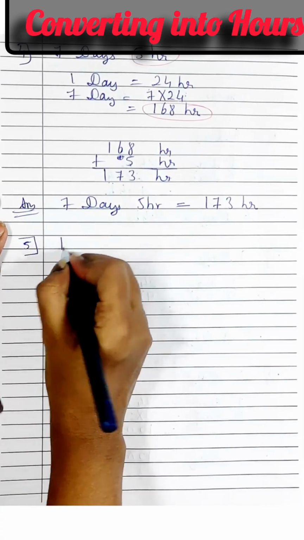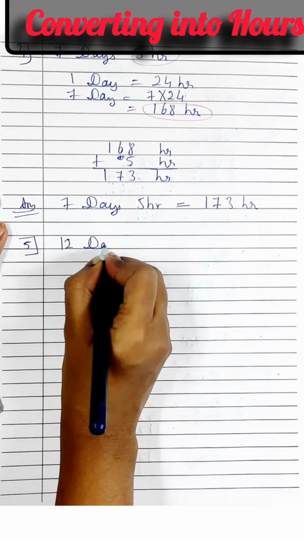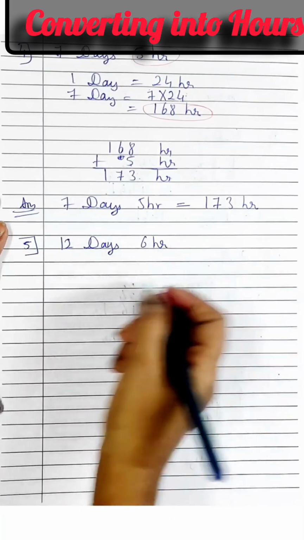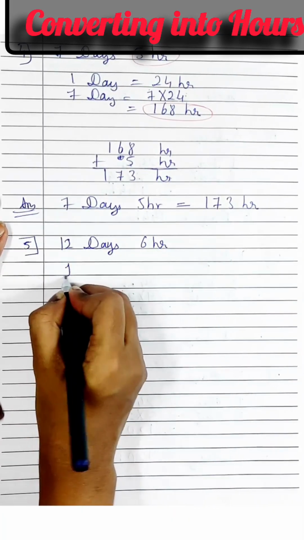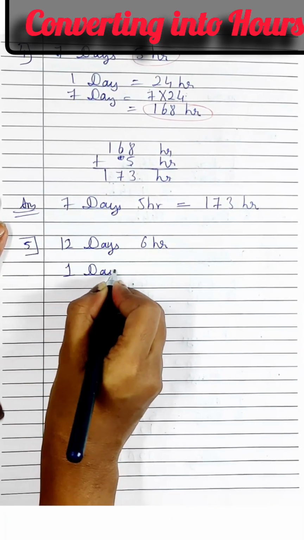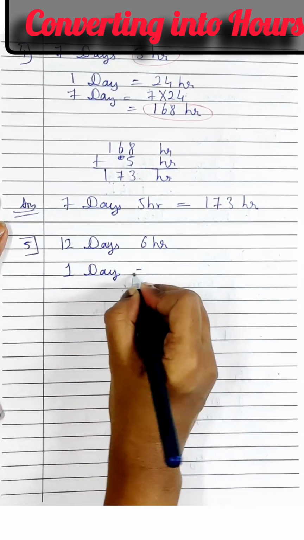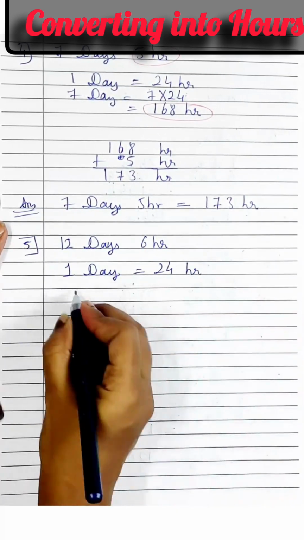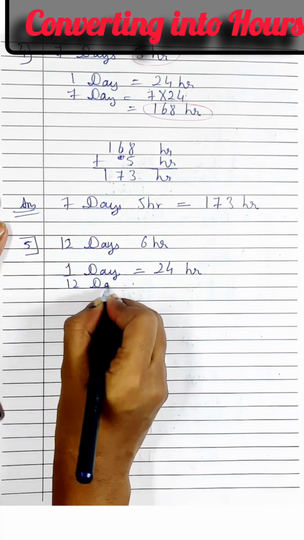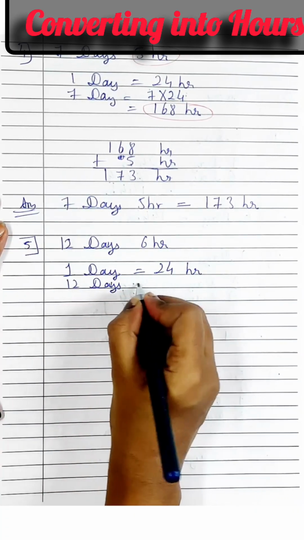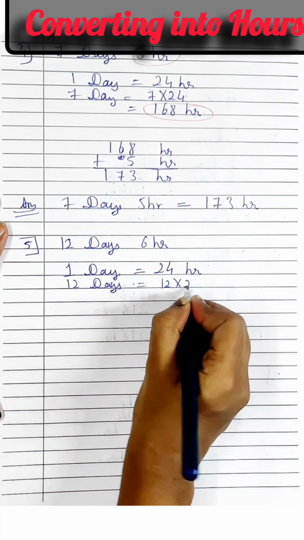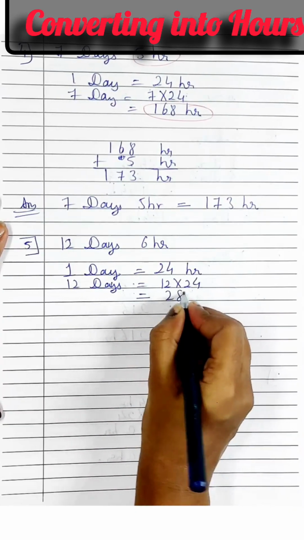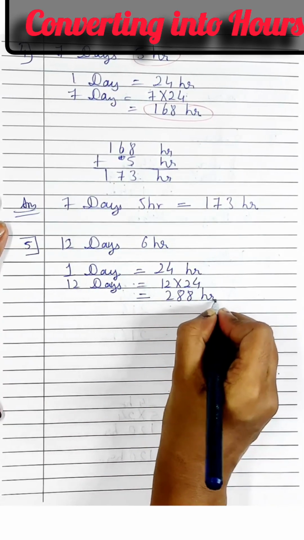Fifth sum. 12 days, 6 hours. First convert your days into hours. One day is equal to 24 hours. So 12 days is equal to 12 multiplied by 24, which will give you 288 hours.